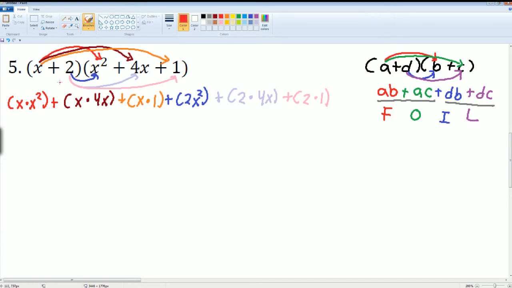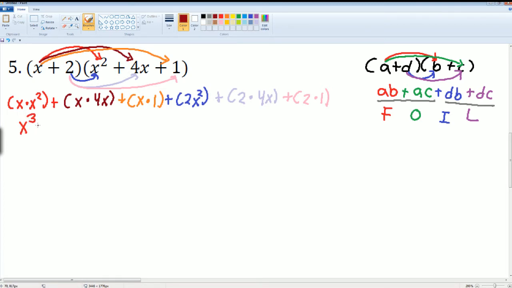Sweet. Okay. So do you see how the x is distributed 3 times, then the 2 is distributed another 3 times. So 3, 3. Okay. So x times x squared becomes x cubed.